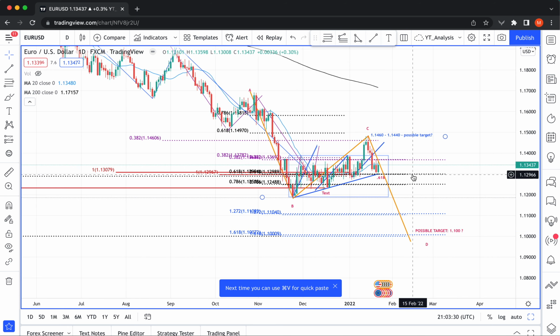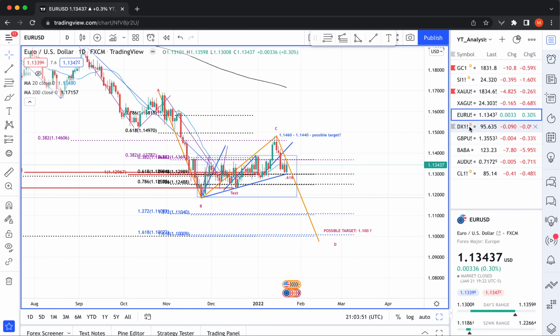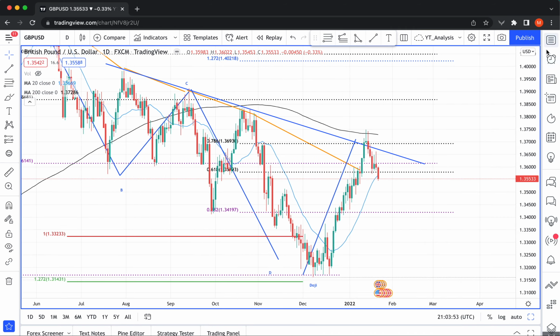If this low gives in, then there is a possible support zone between 1.13 and 1.125. If this region gives in, then this is what we are looking at as the possible target if this is the ABCD. Okay, so let's take a look at the GBP USD.